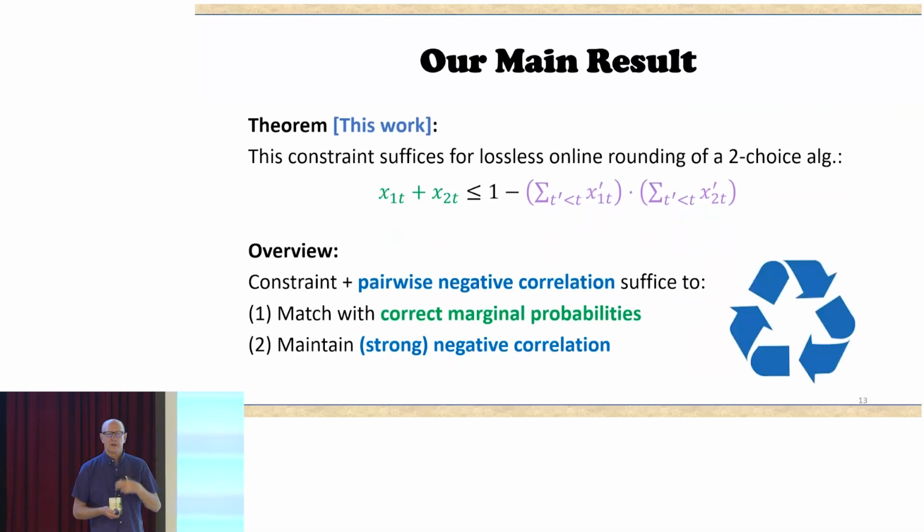This is basically what we're doing: we match with the right probabilities and maintain negative correlation, and this way we achieve lossless rounding.